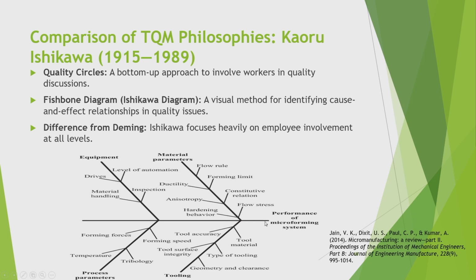So, I made a fishbone diagram highlighting what the performance of a micro forming system depends on. First, the bigger thick branches: I identified equipment, material parameters, process parameters and tooling. These are the main bones, and then there are small bones emanating from each one.